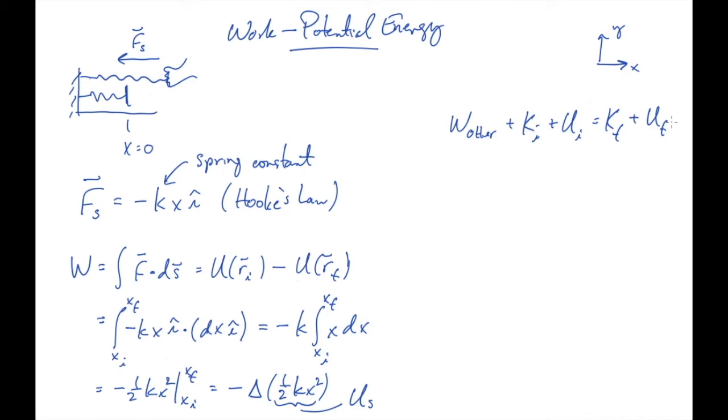Potential energy associated with the gravity force and the potential energy associated with the spring force. So there are two potential energies here. Gravitational potential energy and spring potential energy, both at the initial point. And the same thing over here. This is now U_GF plus U_SF. And if you want to write this thing out with all terms explicitly there, you get this very wide equation.